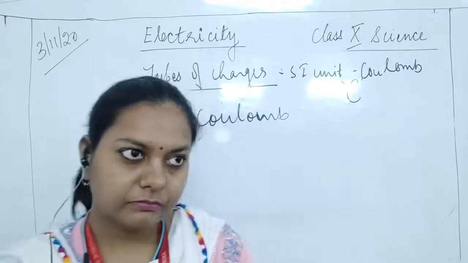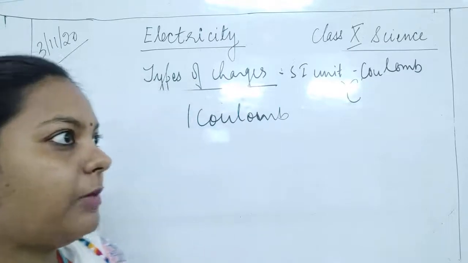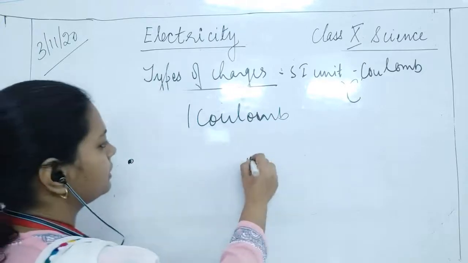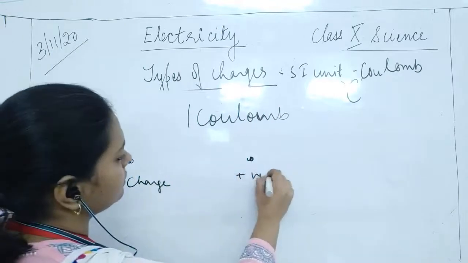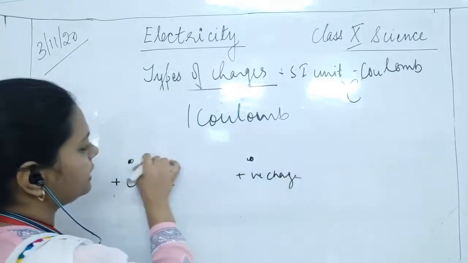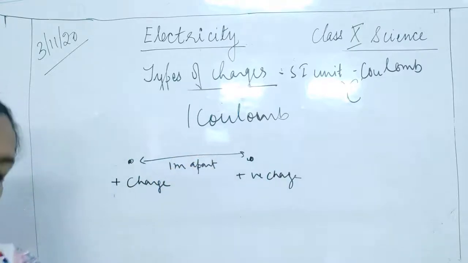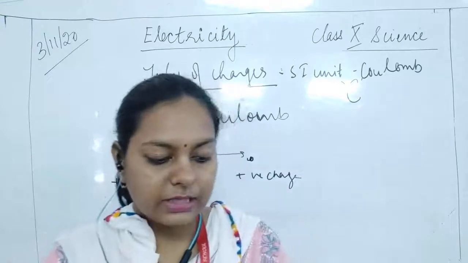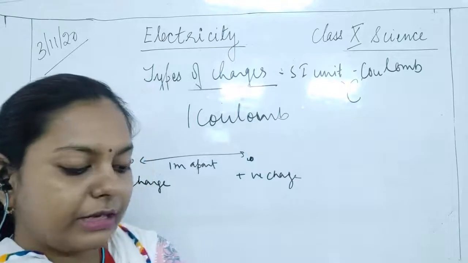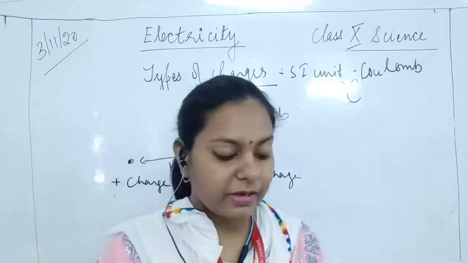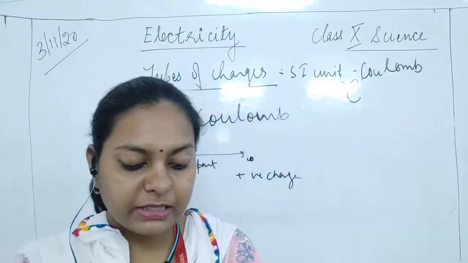Okay. Now, if we take 2 charges, how far apart are they? Two charges are there. It is 1 charge, and the other is kept at a distance of 1 meter apart. Now, 1 coulomb is a quantity of electric charge which exerts 9 into 10 to the power 9 Newton on an equal charge placed 1 meter away.